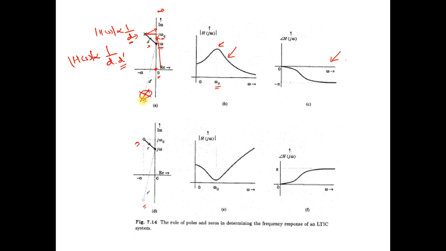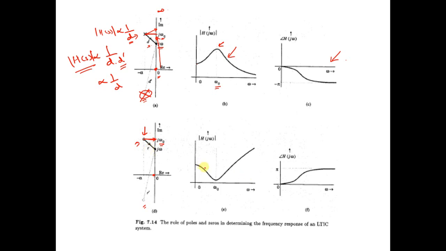So we do not consider this, and hence we consider that H(s) is inversely proportional to D. The same logic applies in the case of a zero also. Here the distance would be somewhat large, and as we come towards omega naught, the distance is shortening.